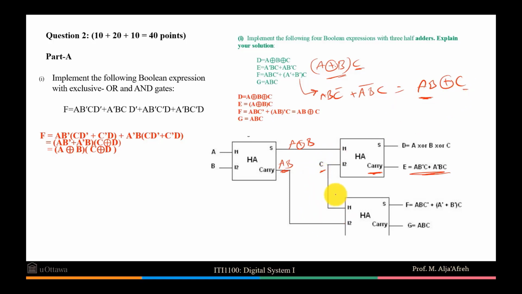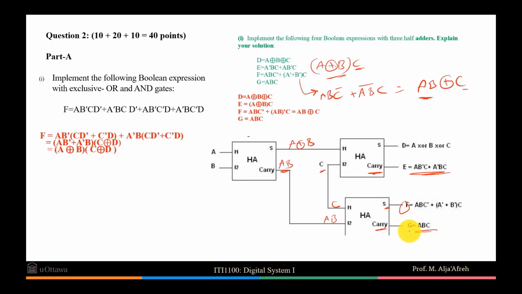So that's basically what's happening here. That is for F. And if you're going to find G, which is ABC, remember that is AB, the carry out, and that is the second operand, A, B, and we have C. So the carry here is going to be an AND between those two, which are A, B, C.